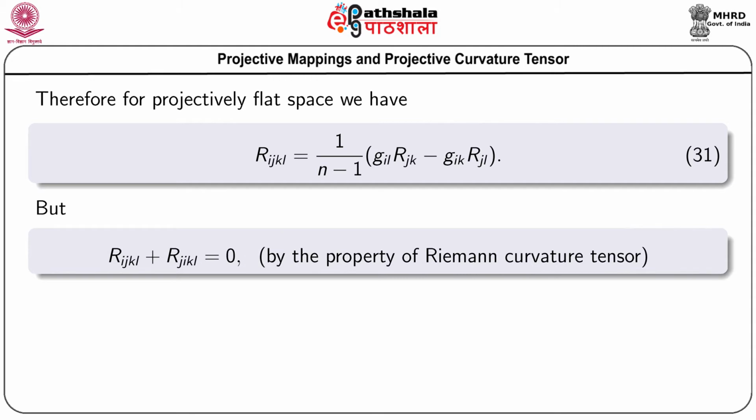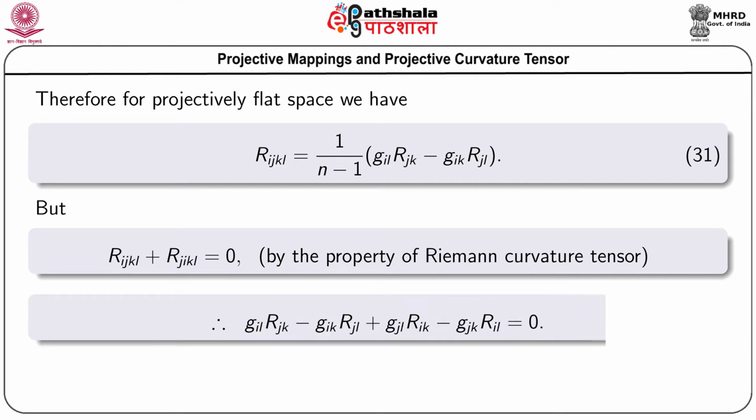But by the property of the Riemann curvature tensor we know that R_ijkl plus R_jikl equals 0, and so using 31 we have this expression: g_il R_jk minus g_ik R_jl plus g_jl R_ik minus g_jk R_il equals 0.